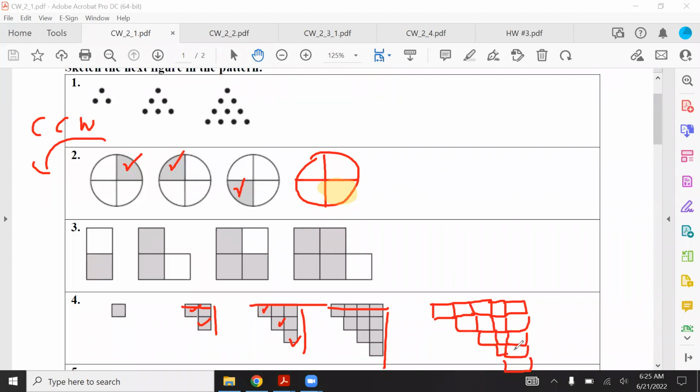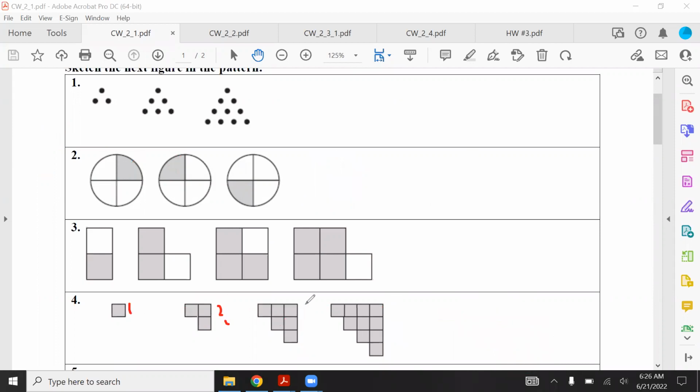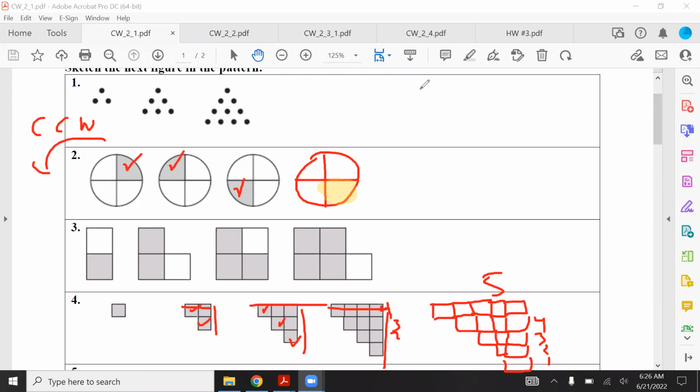And there you go. So it goes 5, 4, 3, 2, 1. So you see 1, 2, 1, 3, 2, 1, 4, 3, 2, 1. Let me backtrack. Yeah, so 5, 4, 3, 2, 1 all the way down.